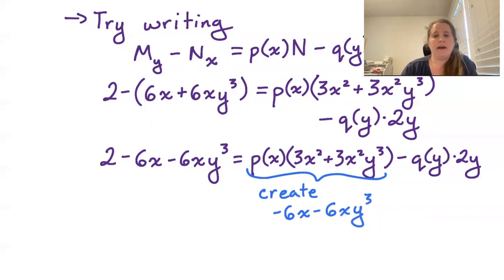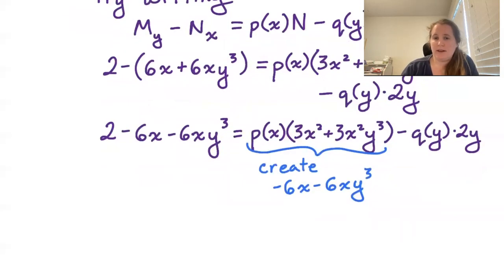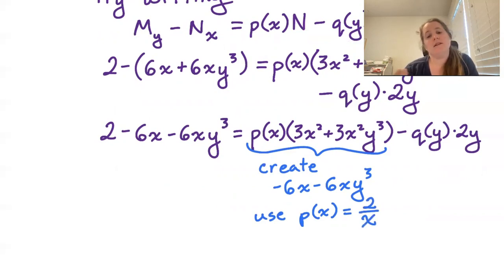And the way we can do that is we can use p of x equals negative 2 over x. Multiplying by 2 will raise everything to 6. We also just needed a negative, so negative 2 over x. Multiplying by negative 2 will give those negative 6s. And dividing through by x will drop our powers of x just as we needed.